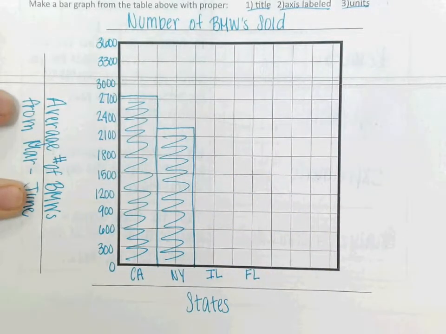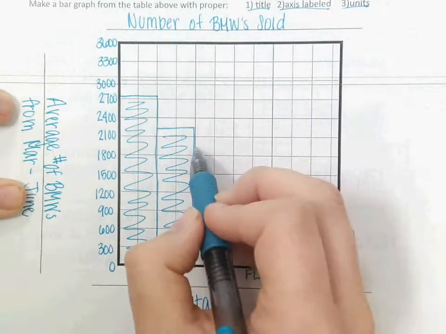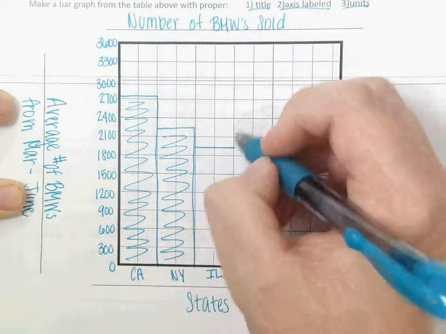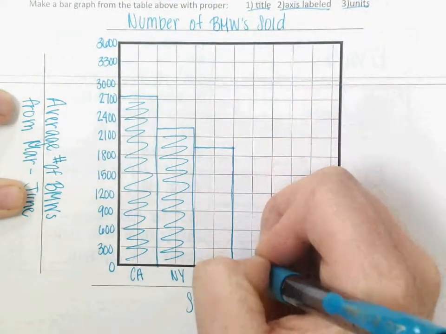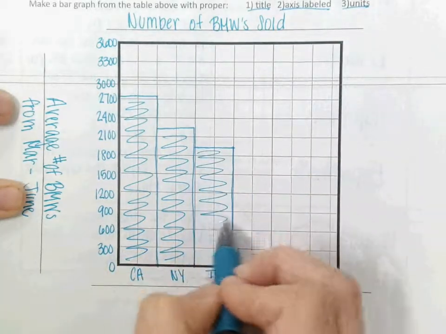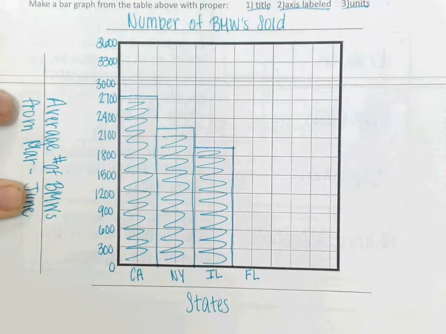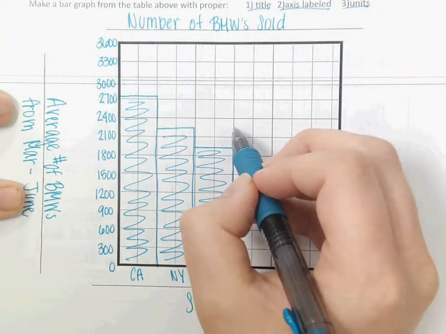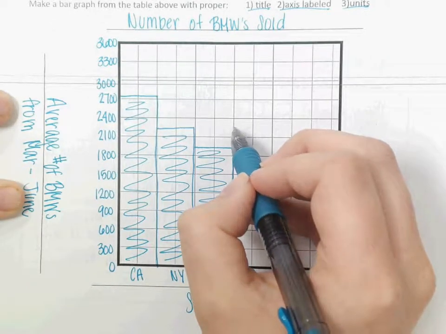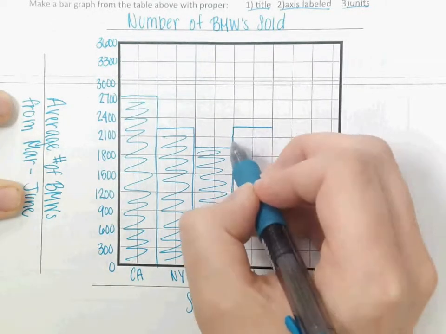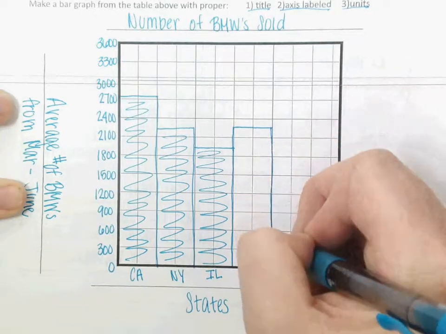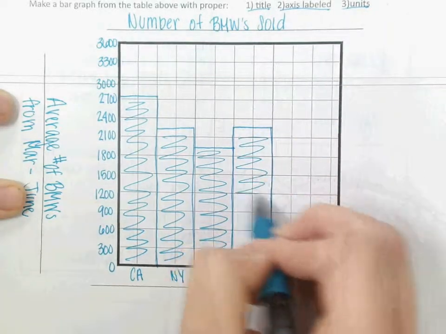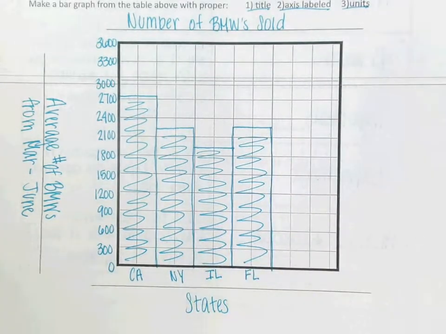Illinois is 1,903, which is about right here. And our last one, Florida is 2,284, so it's just very slightly higher than New York. There we go.